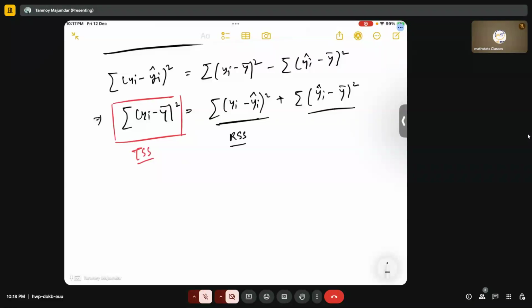The second term, the residual sum of squares, describes the deviation, the observation minus the predicted value. And the regression term describes the proportion of variability.